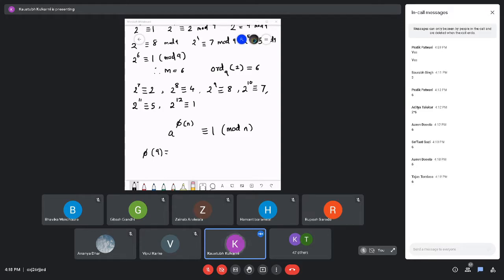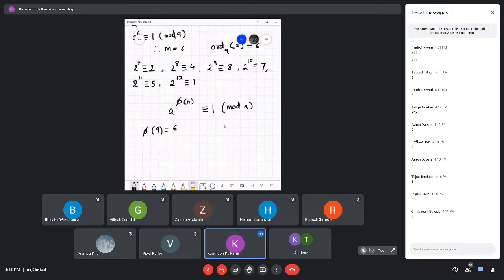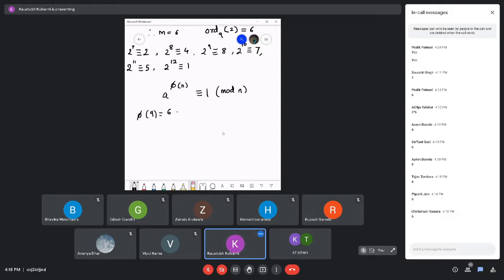Phi of 9 is 6. 1, 2, 4, 5, 7, 8. So phi of 9 is 6. Verified. So that was about order.